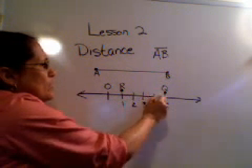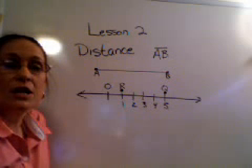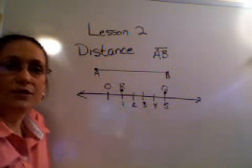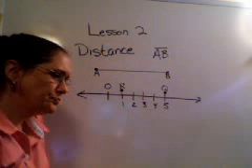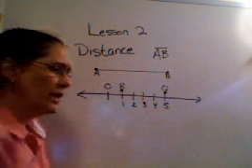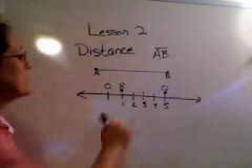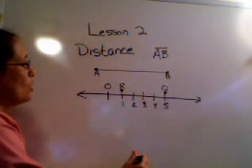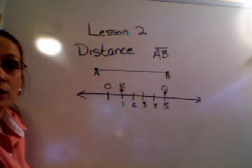1, 2, 3, 4. But the first postulate that we learned said that we could take the absolute value of the difference of the points. The distance between A and B is the absolute value of the difference of the coordinates of the endpoints. So the coordinates of the endpoints are 1 and 5. So the difference means to subtract those.